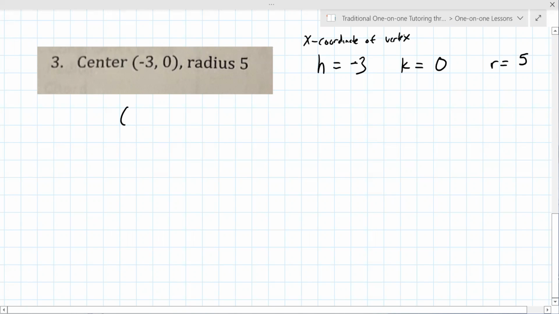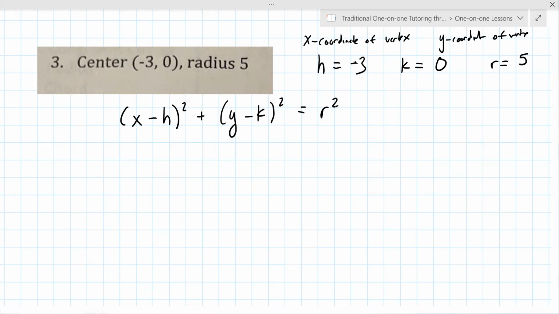Sounds like you're typing. Any questions I can answer for that? Nothing. All right, we'll just move along. So the next step is to write the equation of a circle down, x minus h squared plus y minus k squared.